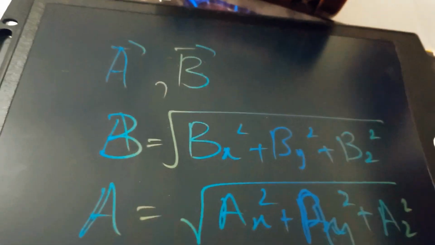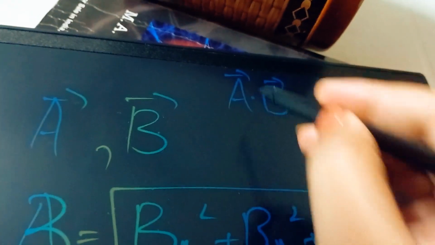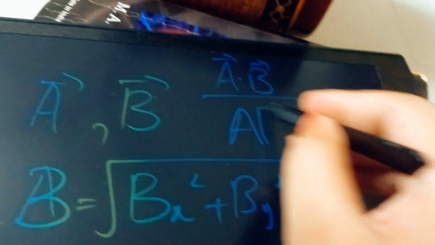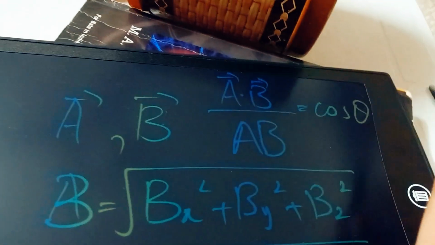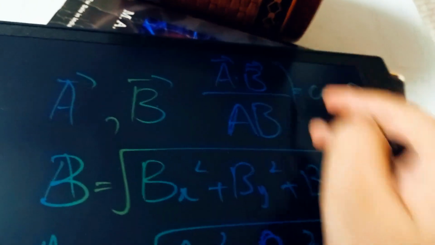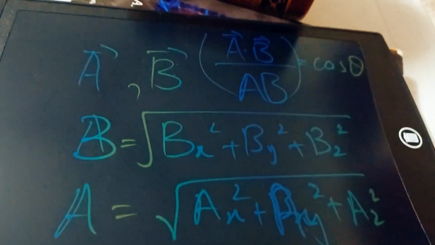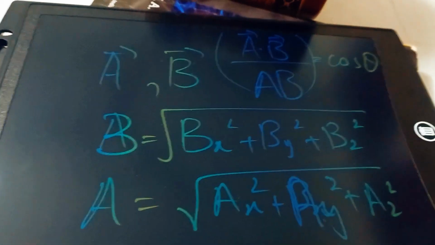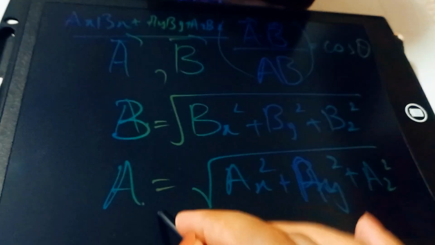And if you want to find the angle between a and b, how can you do that? It's a dot b, divided by the magnitudes of a and b, which is equal to cos of theta. You will find the angle by taking cos inverse of this quantity. Here a dot b will be calculated by multiplying the respective components with each other, just the way I mentioned before, like ax bx plus ay by plus az bz, divided by the magnitudes of a and b, which are known from these formulas.